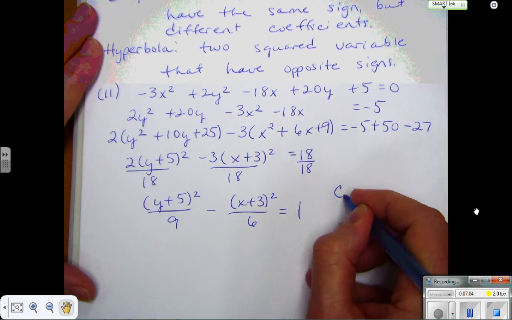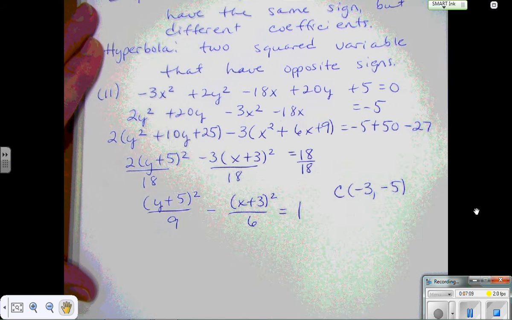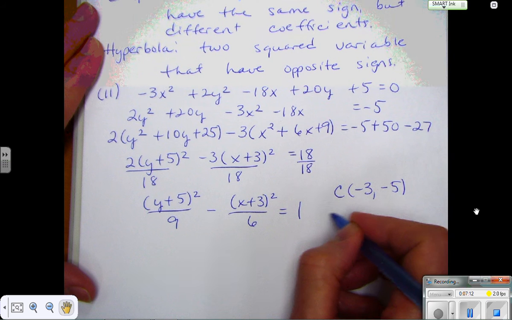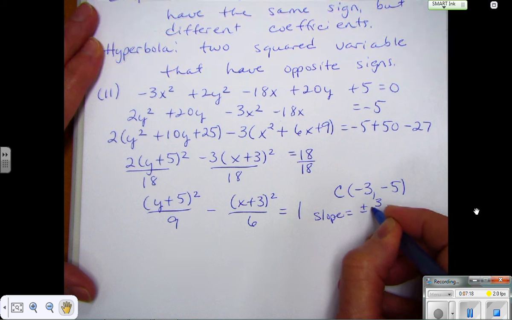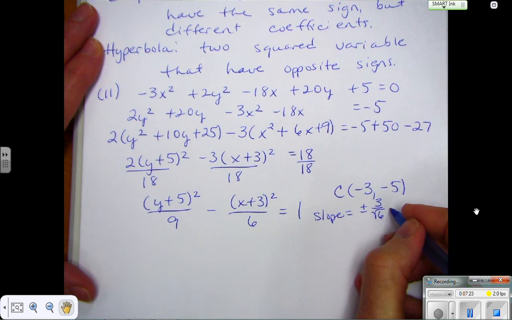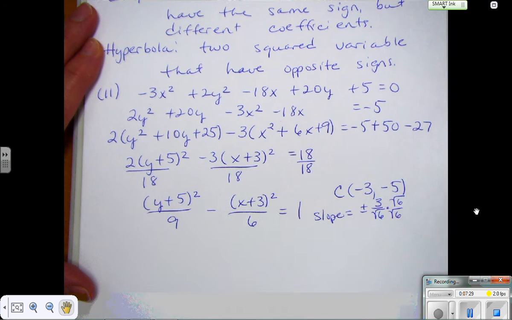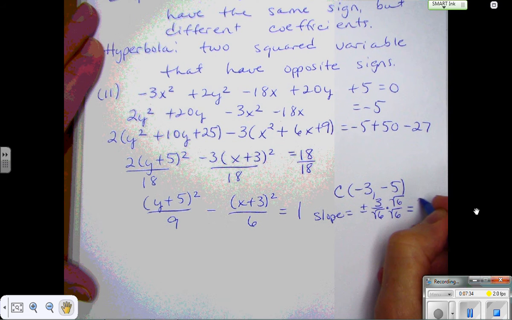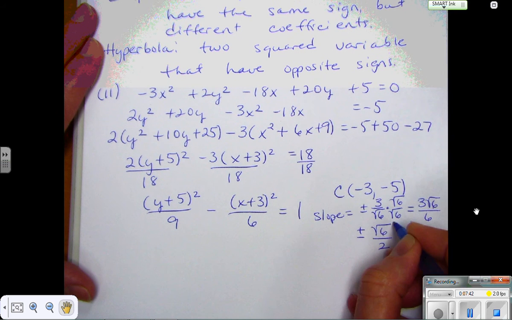So for your center, h is negative 3 and k is negative 5. And the slope for my asymptotes is going to be plus or minus 3 over radical 6. So I need to rationalize that. That means I need to multiply top and bottom by the square root of 6, so I don't have that radical in the denominator anymore. So I have 3 radical 6 over 6, and I can simplify that down to plus or minus radical 6 over 2. That's my slope.